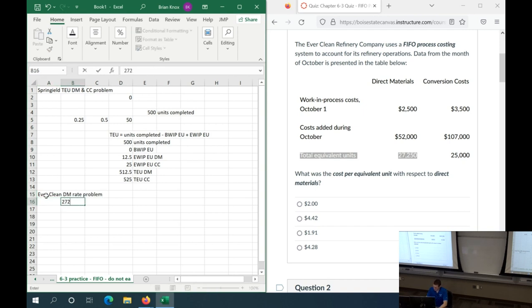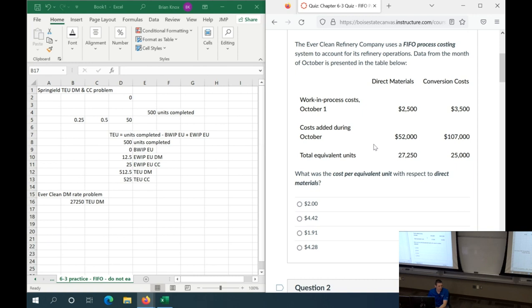We have 27,250 is our TEU with respect to direct materials. And we have to decide what to include in the numerator. So do we remember what FIFO includes in the numerator? Does it include 2,500? That beginning WIP cost. Does it include 52,000? Current period cost. Does it include both of those? Does it include any number you want, like your favorite 5 numbers?